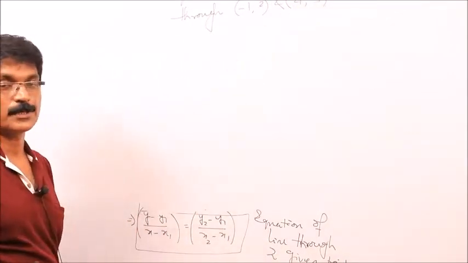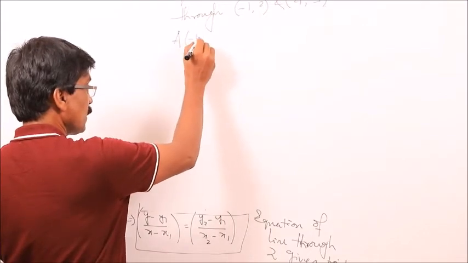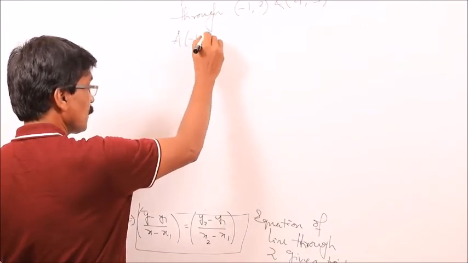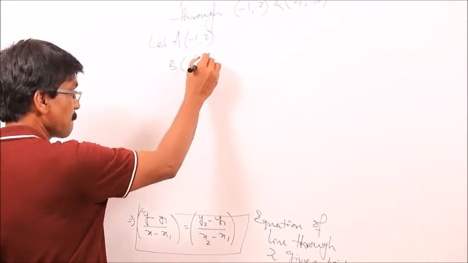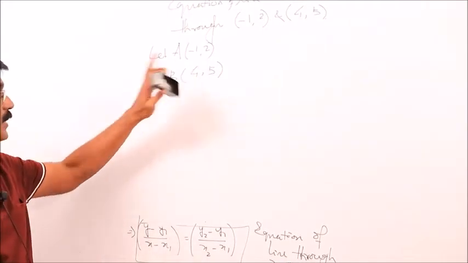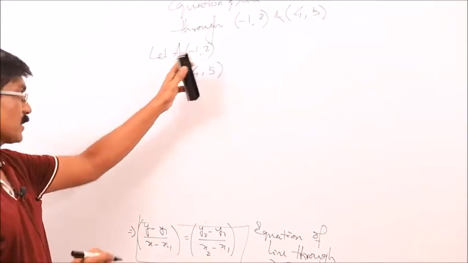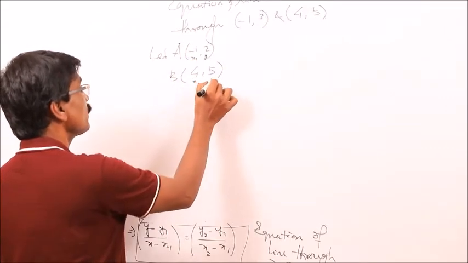We are given 2 points. Suppose A point is minus 1, 2 and B point is 4, 5. So, equation of line through these 2 points. So, here this is x1 y1 and this is x2 y2.